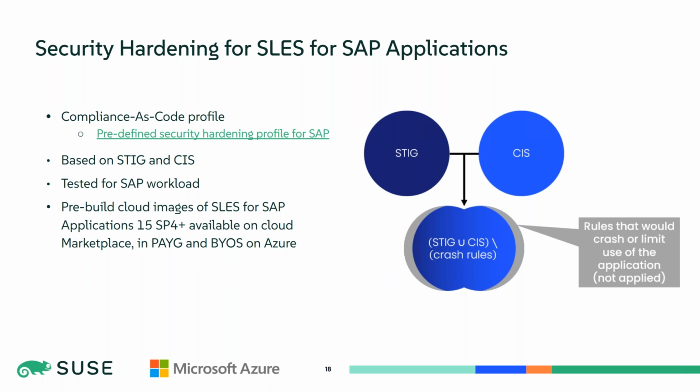To provide the baseline, we have created pre-built images with those rules in effect, and those are available on Azure Marketplace. When you check the Azure Marketplace, you can see images with the name hardened in the instance name. Those so-called hardened images are the images with this profile in place.